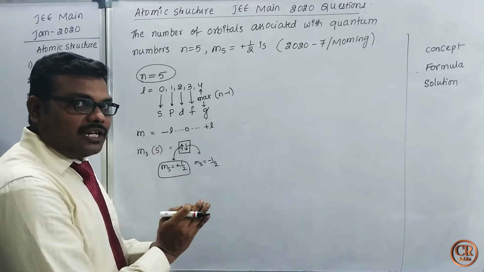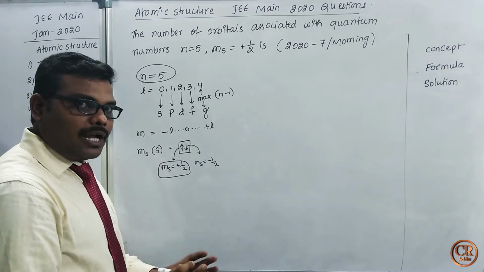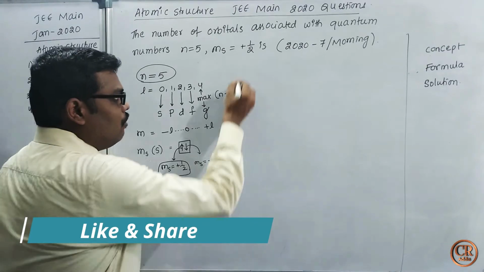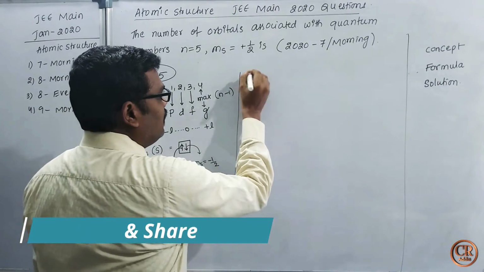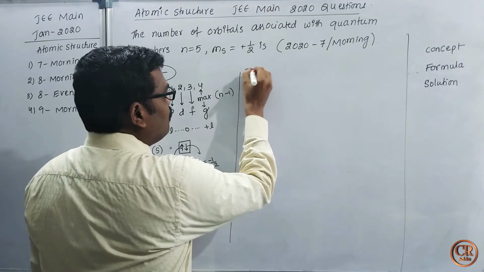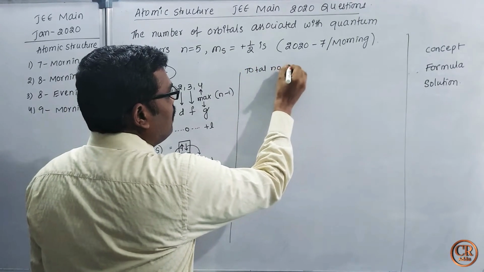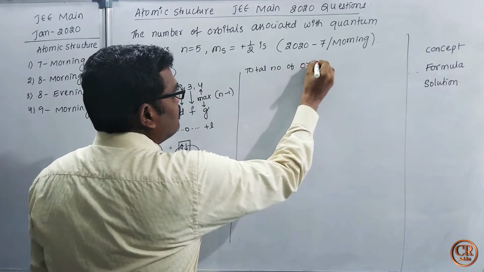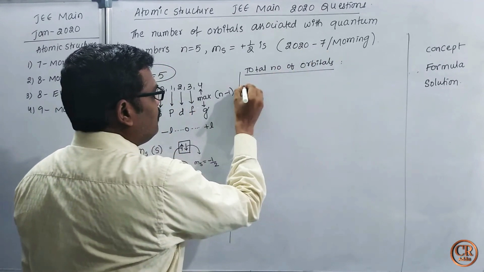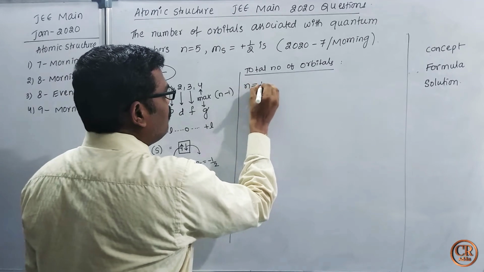So here our question is simple. We need to calculate the total number of orbitals. That's it. So how do we calculate the total number of orbitals? I will give you a detailed explanation for this question. Total number of orbitals. Suppose n is equal to 5.